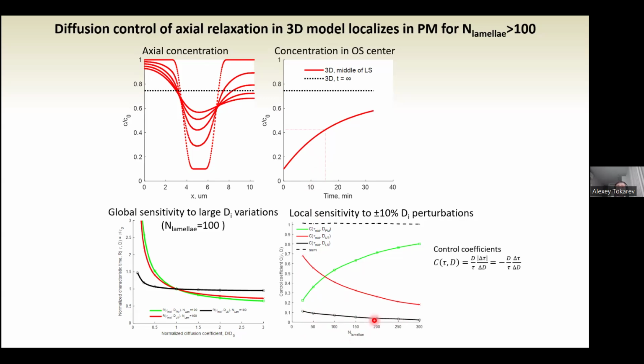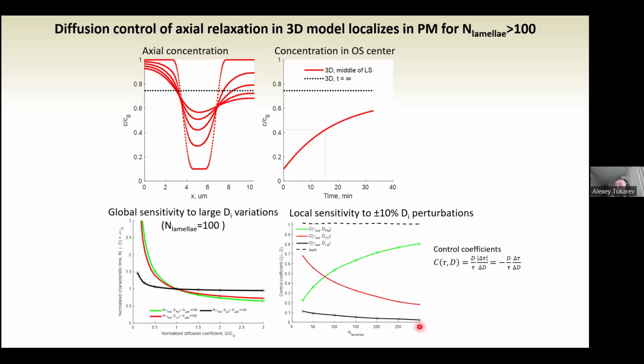If we increase or decrease the length of the outer segment, the situation changes slightly. But the sensitivity of equilibration time to the diffusion coefficient in the plasma membrane decreases when we tend to the normal length of the outer segment.